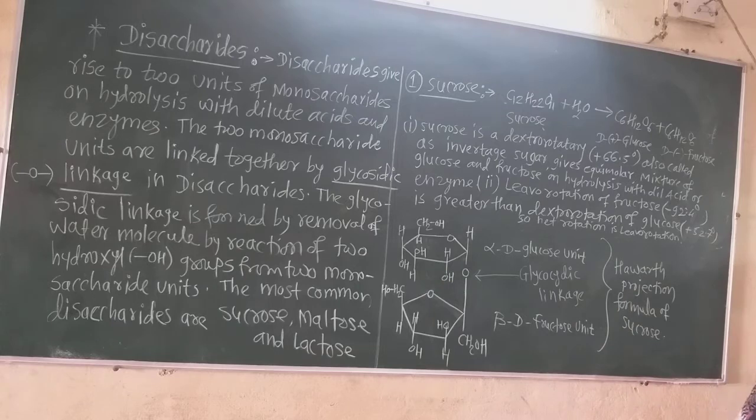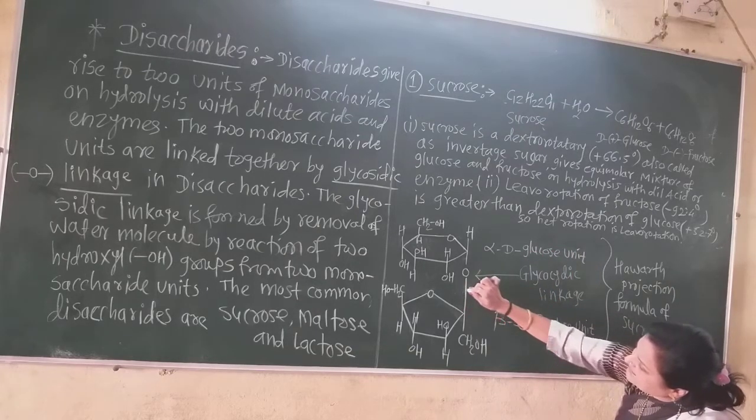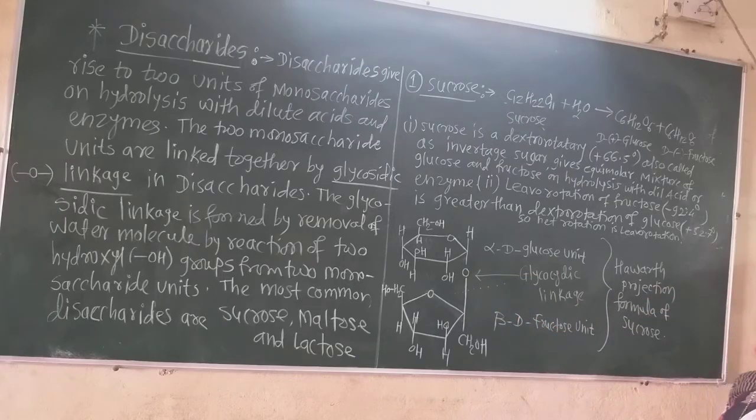See here what they said: the 2 monosaccharide units are linked together by glycosidic linkage in the disaccharide, and if we have to hydrolyze this sucrose, then this glycosidic linkage breaks and a water molecule adds, because during hydrolysis there is addition of a water molecule.